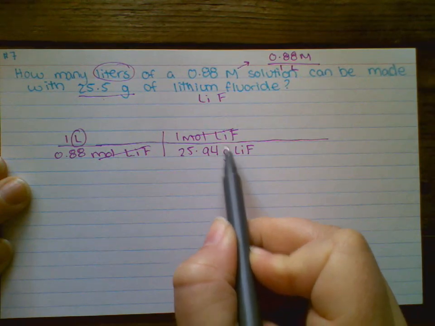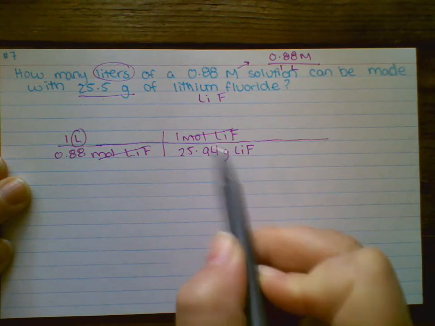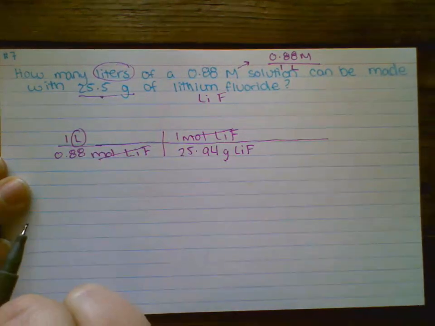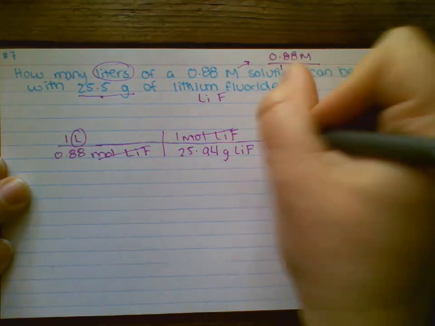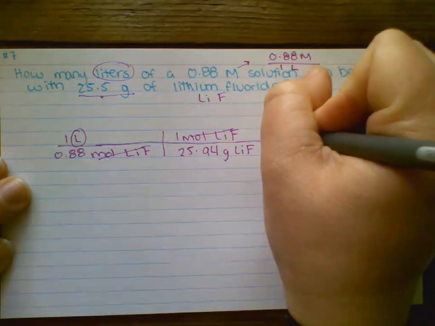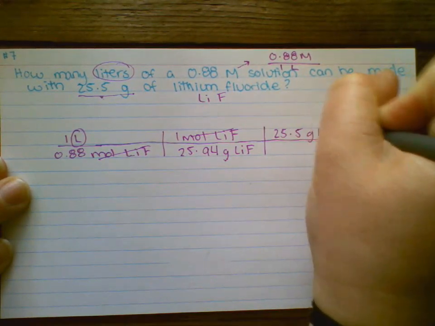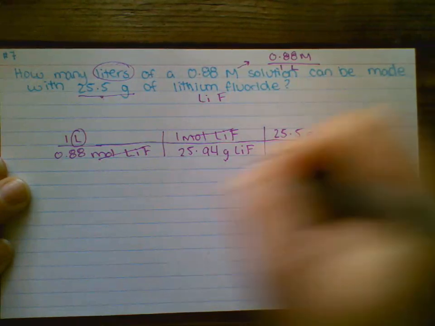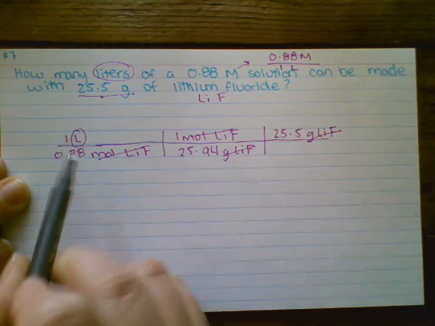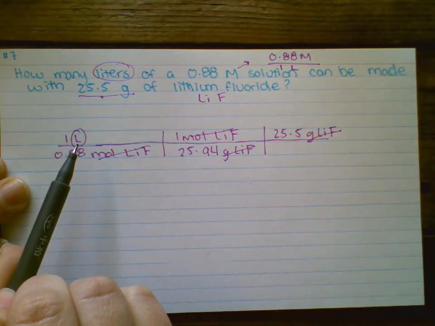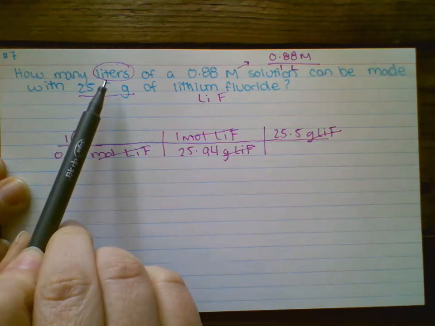I'm not done with the problem yet because I still have another unit, but I know that I can input this piece of information from the problem because grams match up. So I am going to put here 25.5 grams of LiF. Now grams will cancel with grams. So the only unit that I have left here is liters, which is what the question is asking me for.